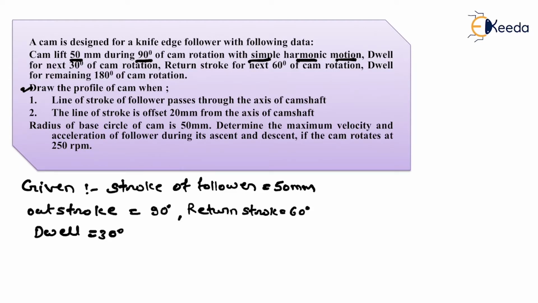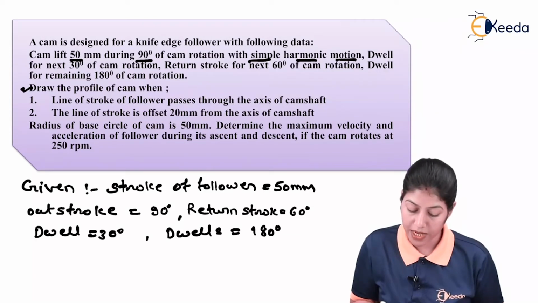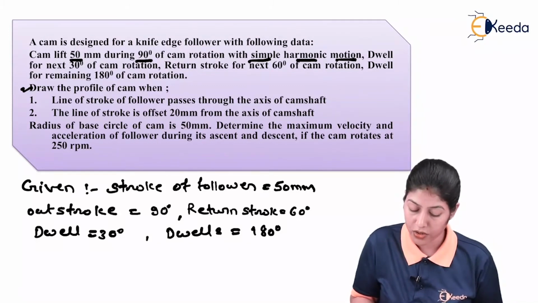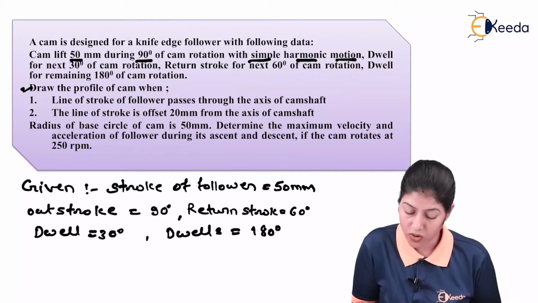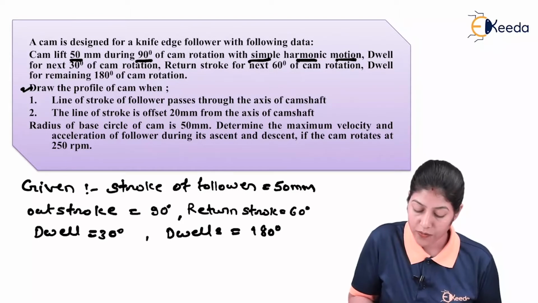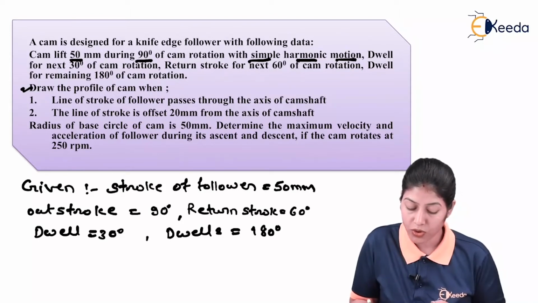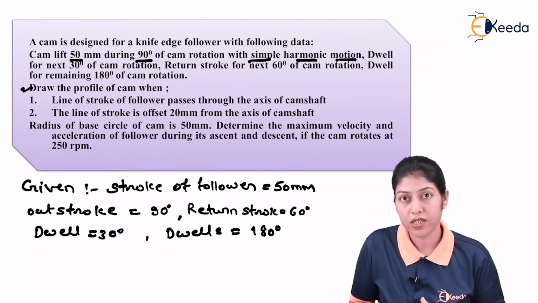And for next, after this return stroke, dwell for remaining 180 degree of cam rotation. So here we have these values: outstroke, return stroke, and two dwells: 90, 60, 30 and 180. So when we draw the profile of the cam, we will use these angles to define the value of outstroke, return stroke and dwells over the circle.